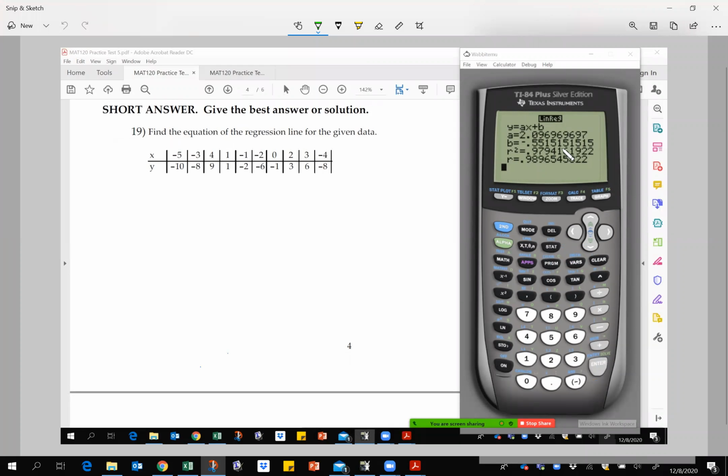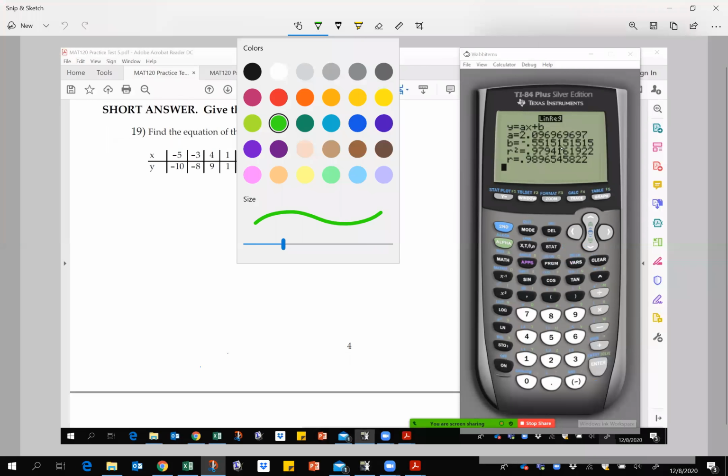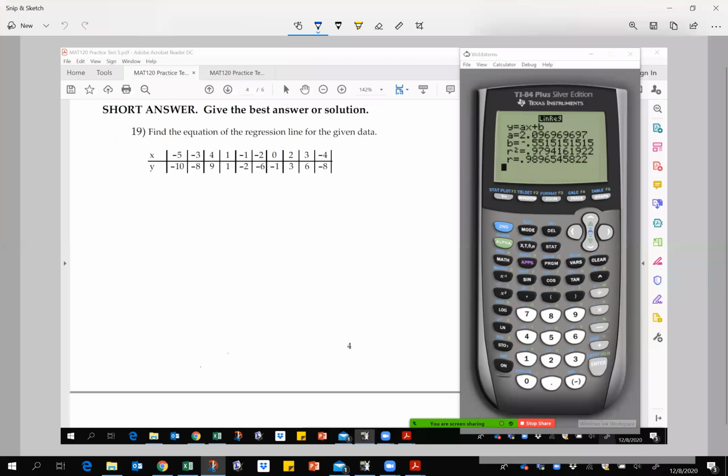So I'm going to copy this down. This is the equation of our regression equation. It's going to be y equals, and for the test it'll say to round it. I'm going to round my coefficients to 3 places. The a value to 3 decimal places would be 2.097, and that a is multiplying x.